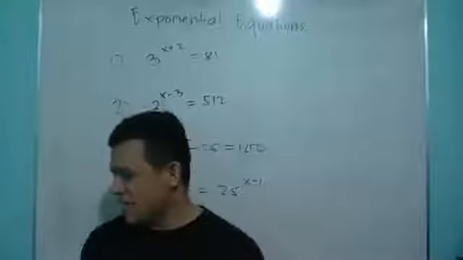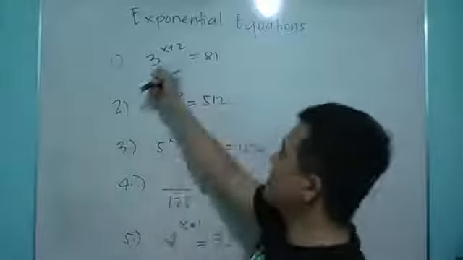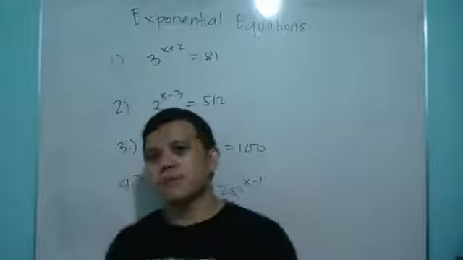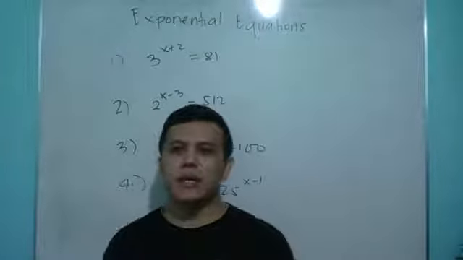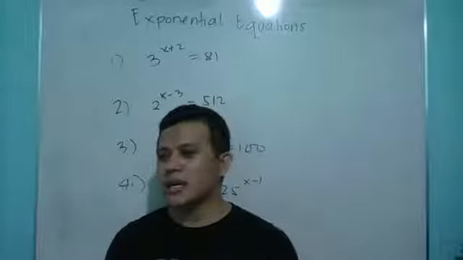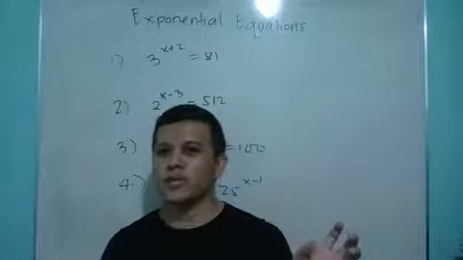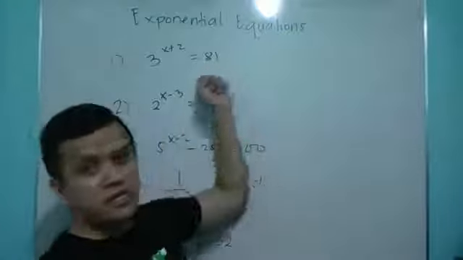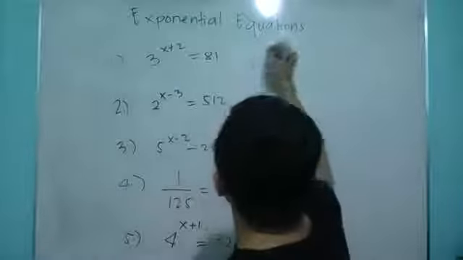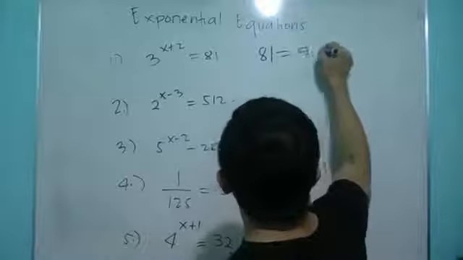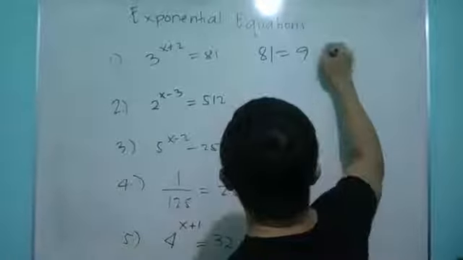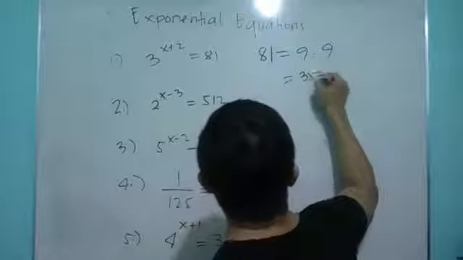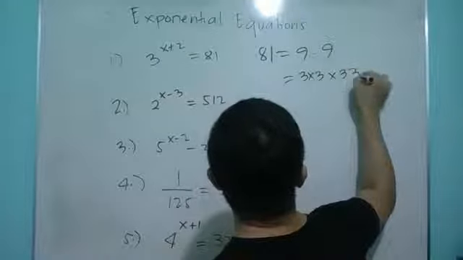Anyway, number one here we have 3 raised to x plus 2 is equal to 81. You must always know how to express each given expression in exponential form. 81 is equal to 9 times 9, and 9 is equal to 3 times 3, and the other 9 is also 3 times 3.